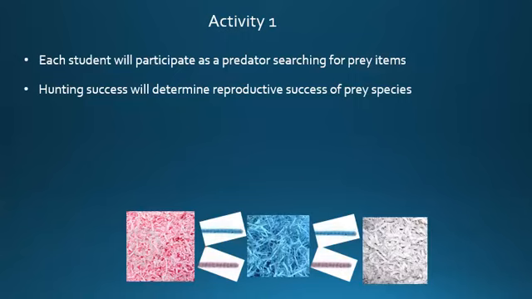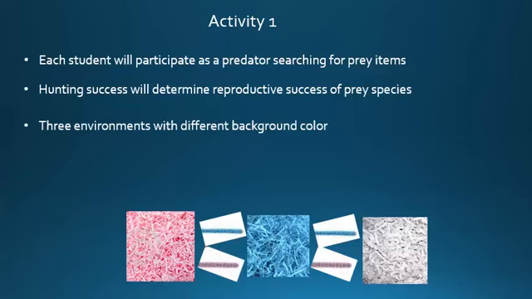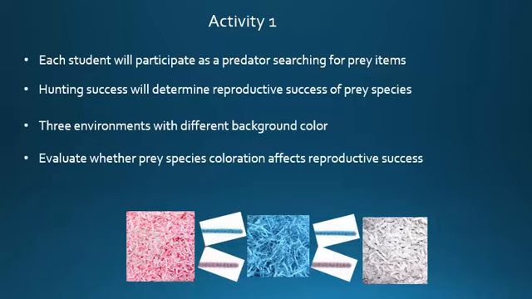Each of the different prey species will be hunted for in a different type of environment, so there'll be 3 different environments with different background colors, and we'll see how each of the different prey species does in each of these different backgrounds. So we'll evaluate whether each prey species' coloration will affect its reproductive success in a given background or environment, with the students acting as predators.